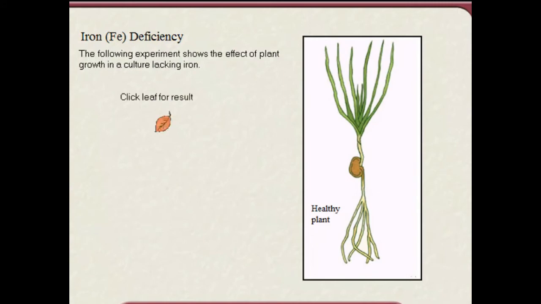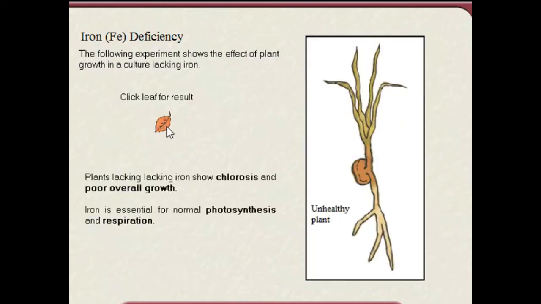Iron deficiency. The following experiment shows the effect on plant growth of a culture lacking iron. Plants lacking iron show chlorosis and poor overall growth. Iron is essential for normal photosynthesis and respiration.